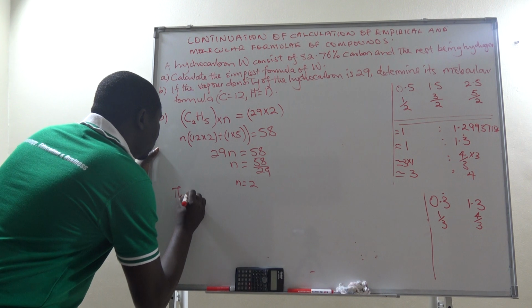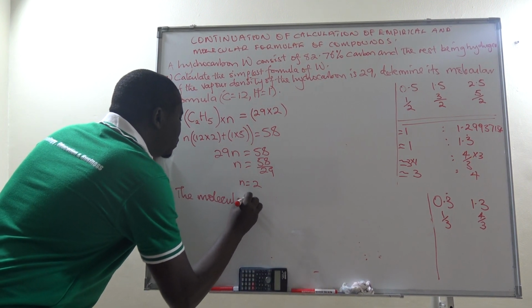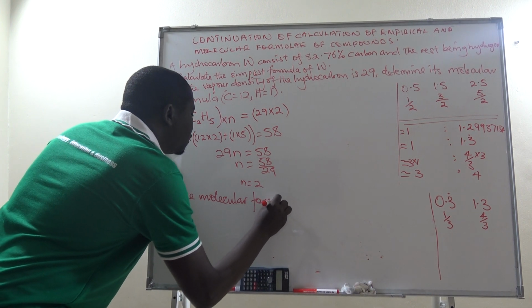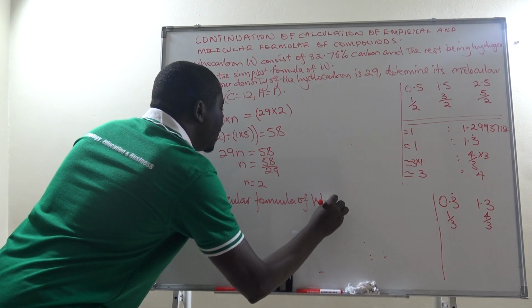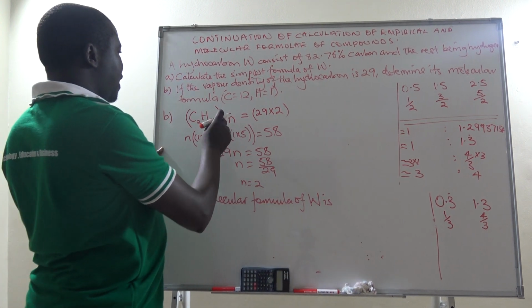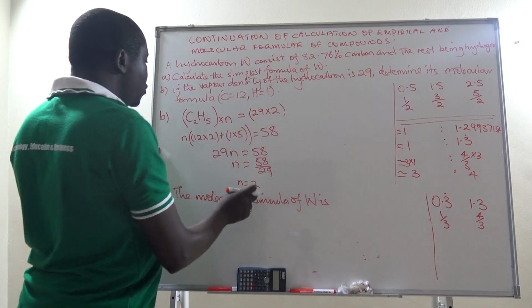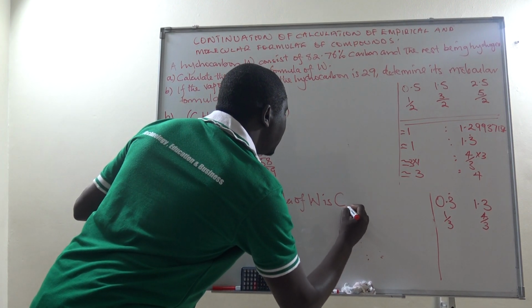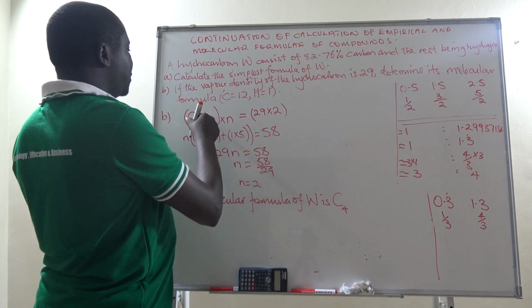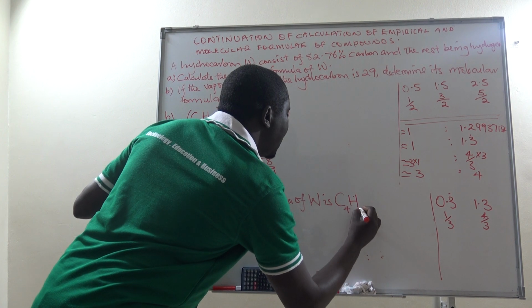So directly the molecular formula of the hydrocarbon W is, let's substitute for n here. So n is in this case 2. So 2 times 2 gives us 4. So it will be C4. Then we come to this. 2 times 5 is 10. So it will be C4H10.